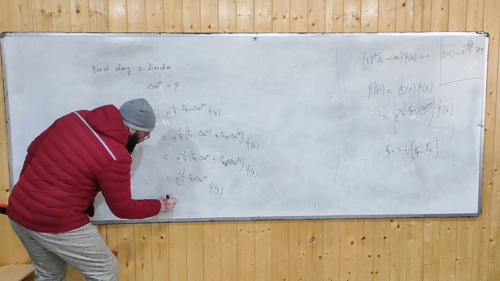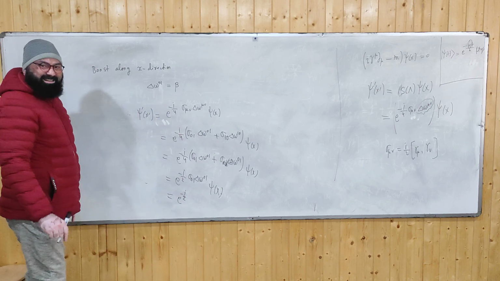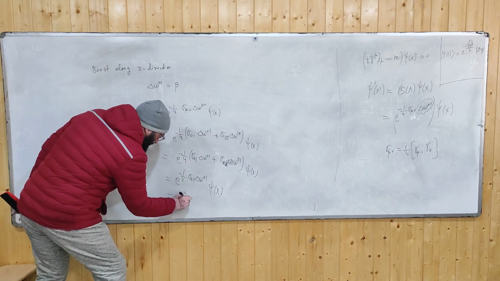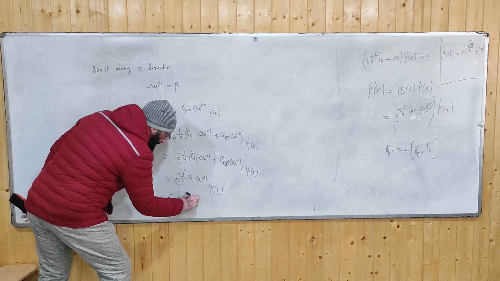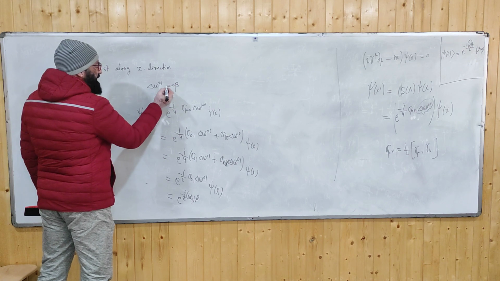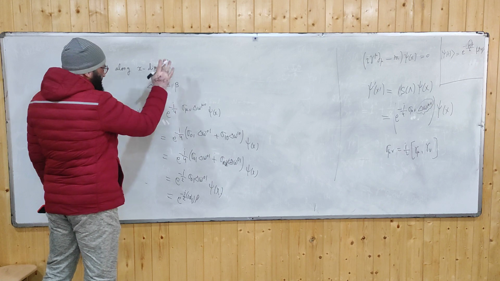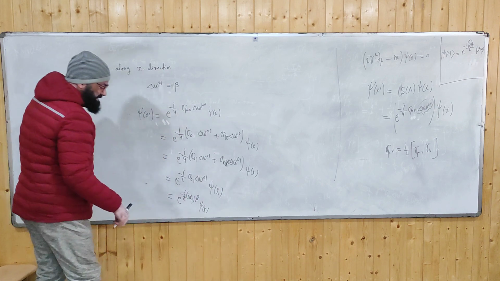So what is that equal to? e raised to the power minus i by 2 times sigma 0 1, which is just i times alpha 1. And this, let me put it as delta beta, a small change in velocity. So beta is v by c.